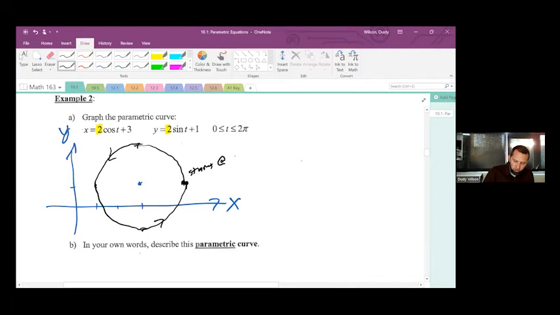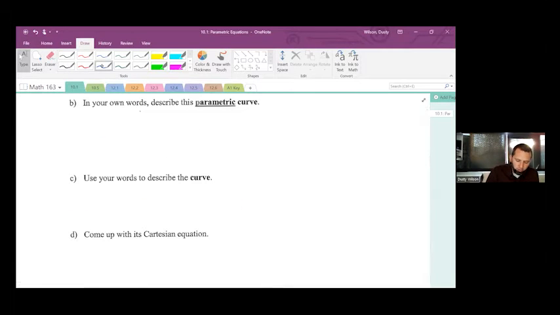So it started here at, I think that would be 5, 1 at t equals 0, and it's going to end at 5, 1 at t equal to 2 pi. So we've sort of answered part B already.